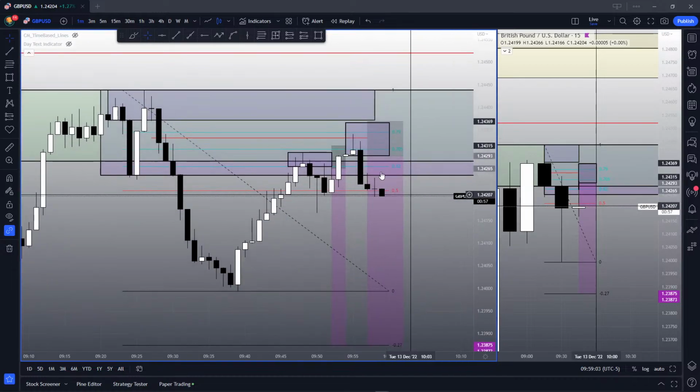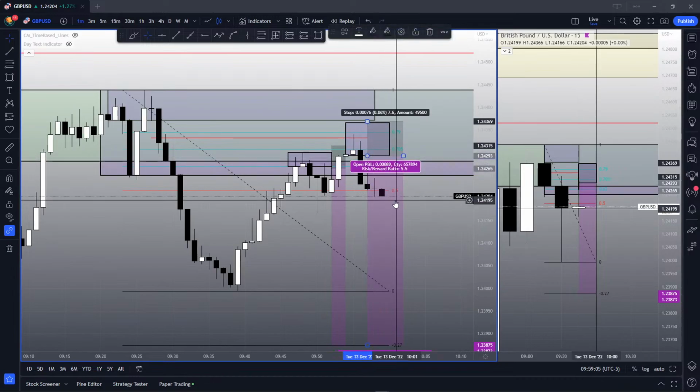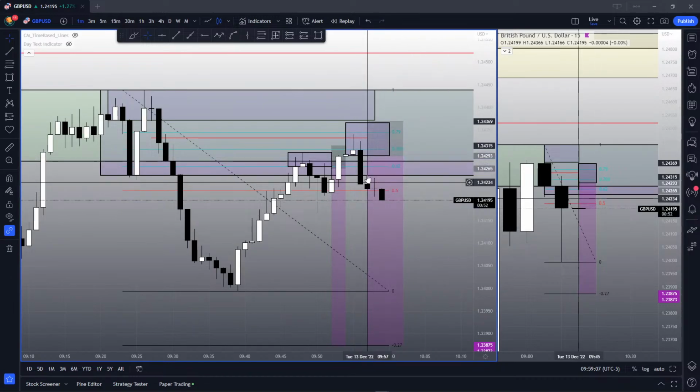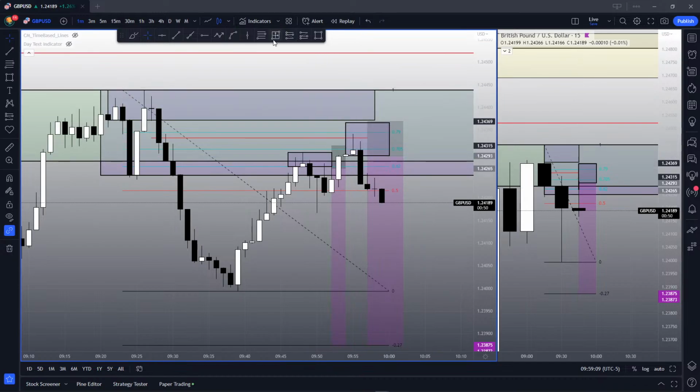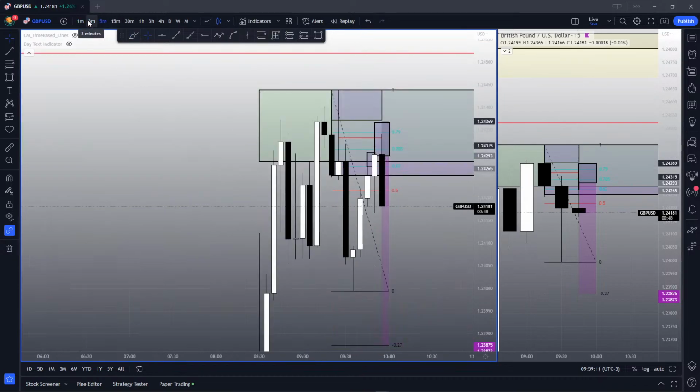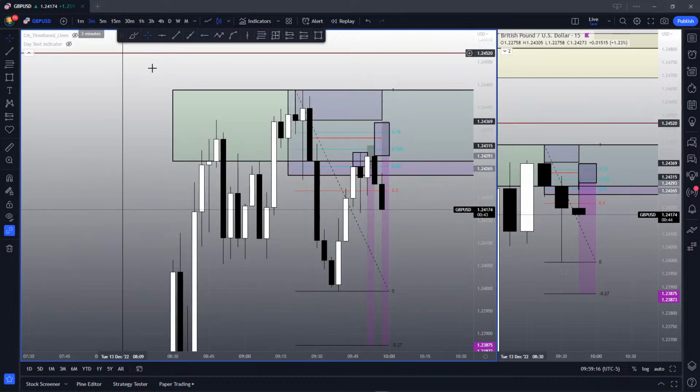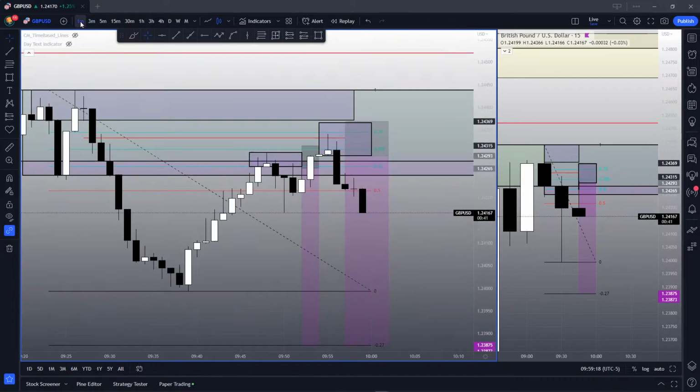Seems like we have a good area of dissension. Good touch on the 3.